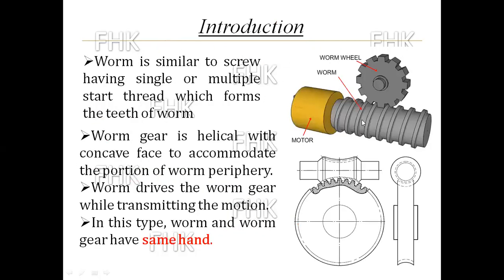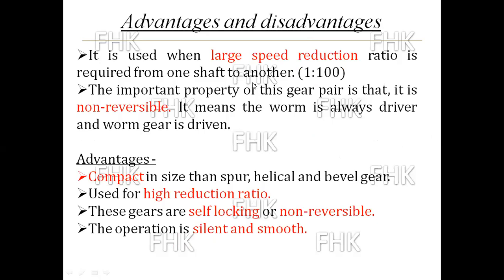That means when the worm wheel rotates for one revolution, at the same time the worm will rotate for 100 revolutions.